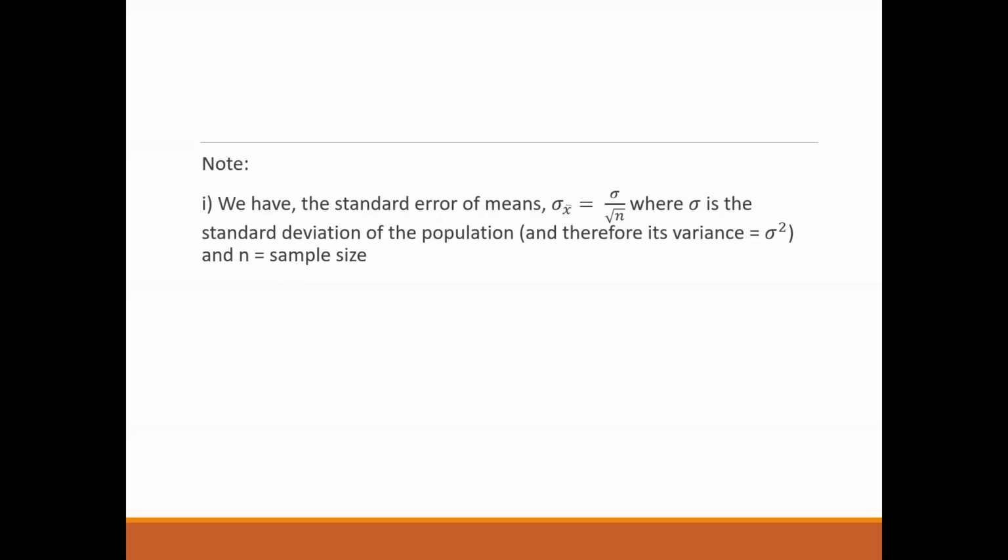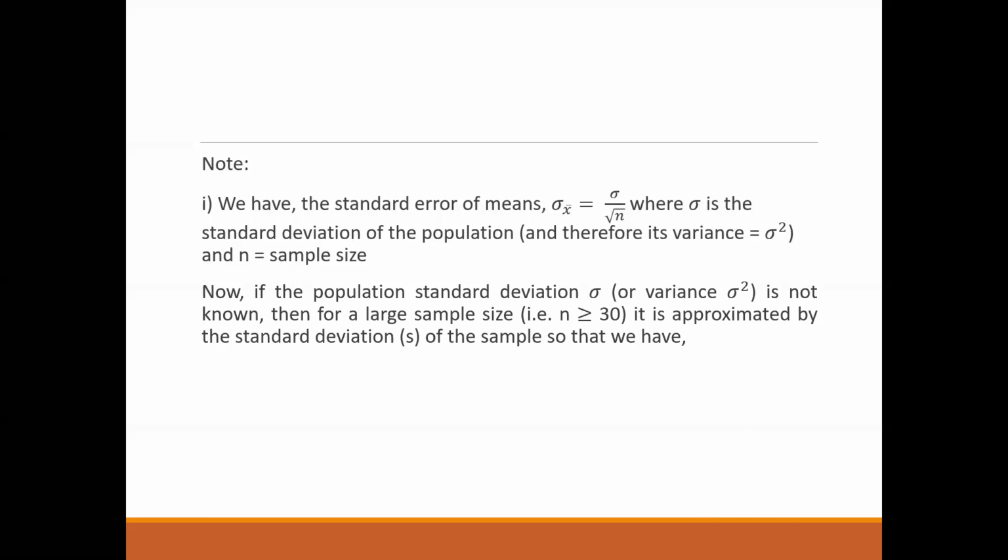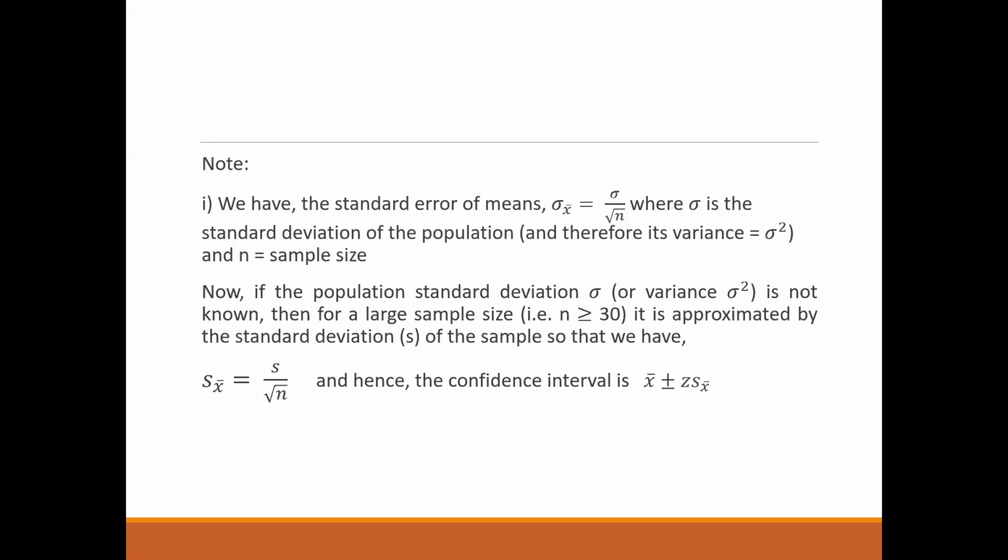Okay, so instead of using sigma, the population standard deviation, in case of n greater than 30, the standard deviation is denoted by s. Okay, and the function I'll be using will be s x bar equal to s upon square root of n. Okay, and hence we can say that the confidence interval is given as x bar, and instead of sigma we can now make use of s x bar.